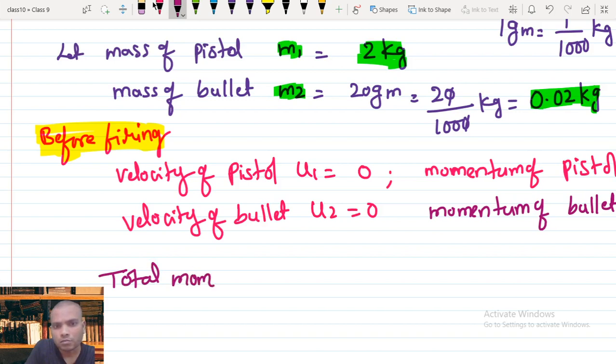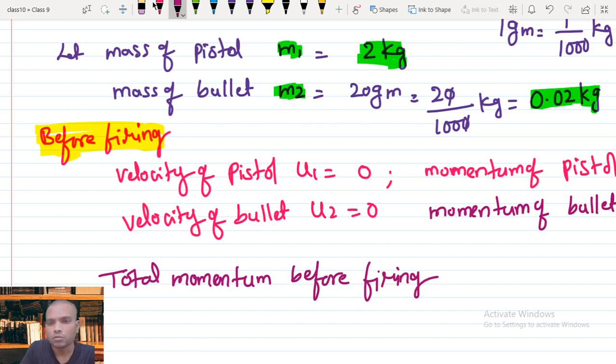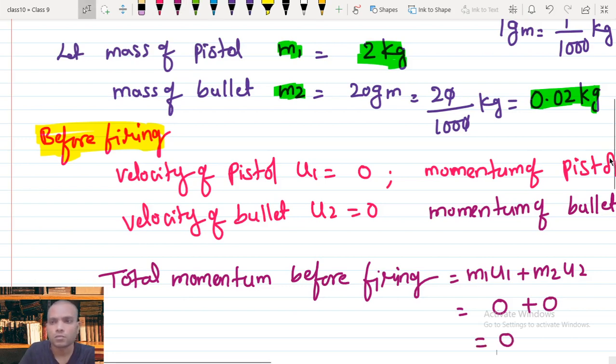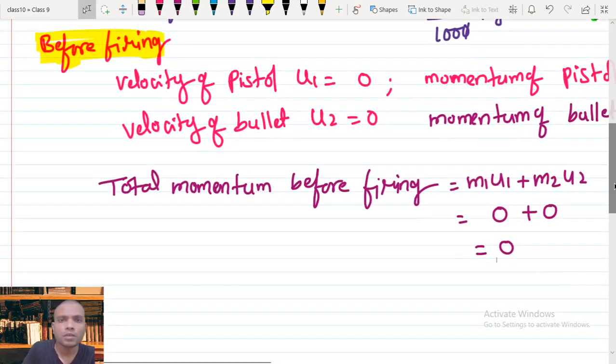Total momentum before firing is equal to m1 u1 plus m2 u2. So that we got as 0 plus 0 is equal to 0. Therefore total momentum before firing equals 0.